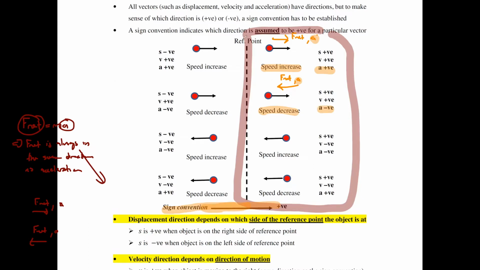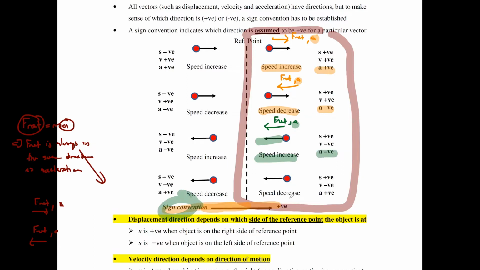Then you move to the case below there, the speed is increasing, but in this direction. The only way that the speed can increase in this direction is if your net force is in the same direction, causing an acceleration in that same direction. Your acceleration here is opposite to your sign convention, so it's negative acceleration.